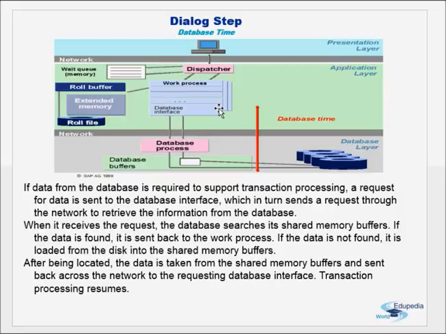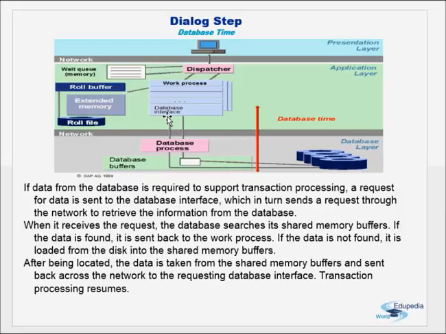Now, the user has logged in from the dispatcher queue. It came to the work process. The work process has got the user context from the roll buffer. It starts processing now. Once it started the processing, it might require some data from the database. That means the data is not there in the SAP buffers, so a database call has to be made.